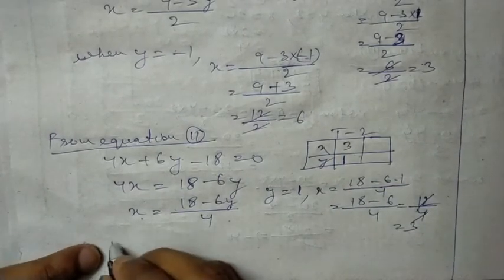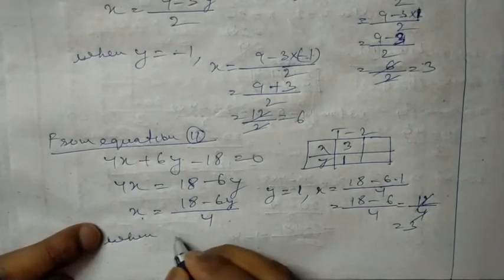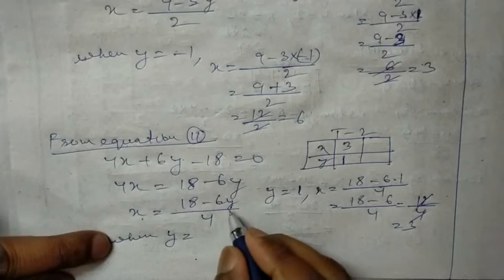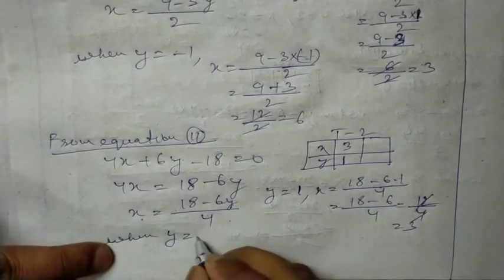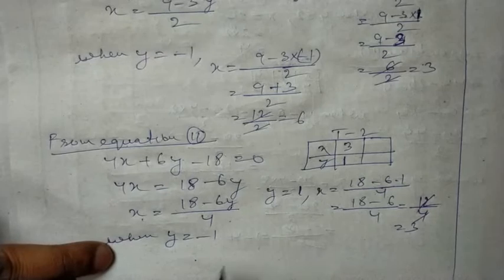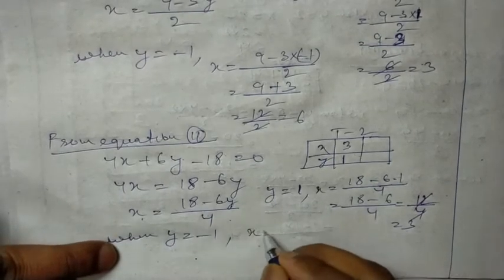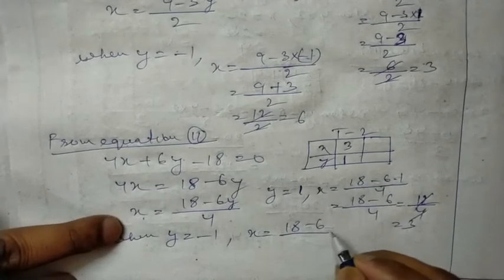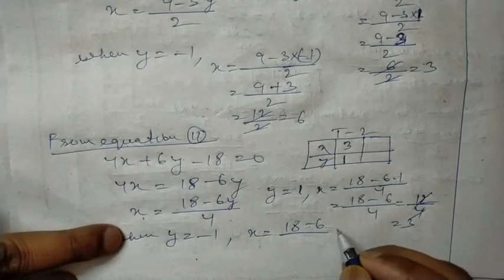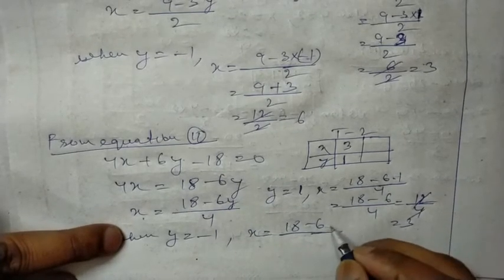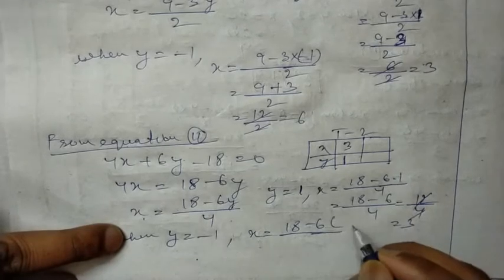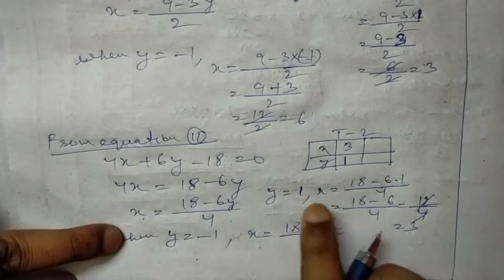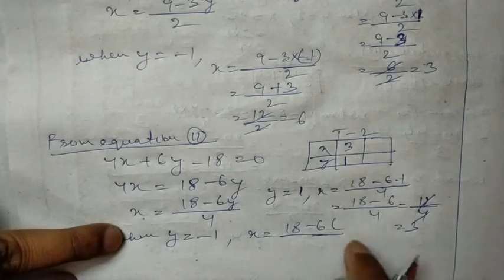Again, I have to take one more y value. If I take the y value as -1, we get x as 18 minus 6 times -1, divided by 4. Here I had taken the positive, and now I have taken the negative.